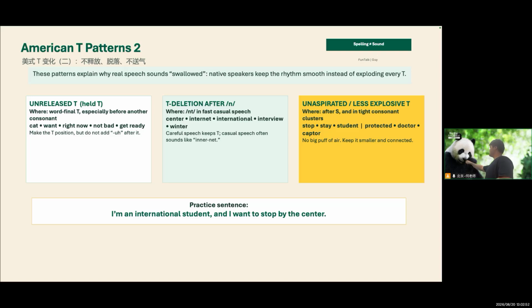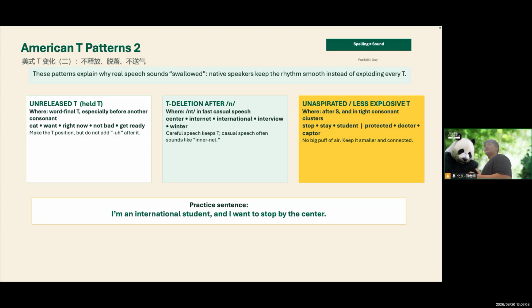The last one: you see this word, protected. We don't say "protected" with an aspirated T. We say "protected". Also doctor.